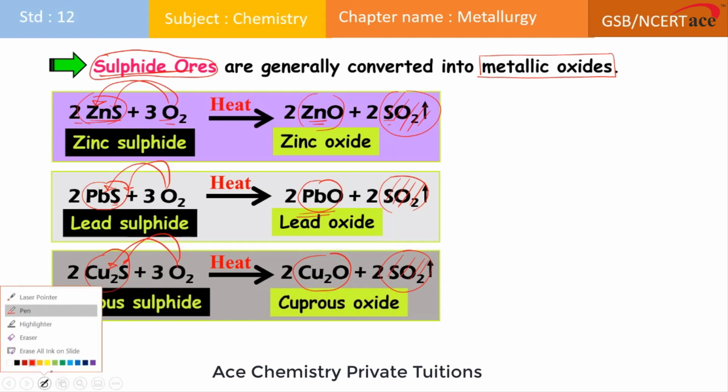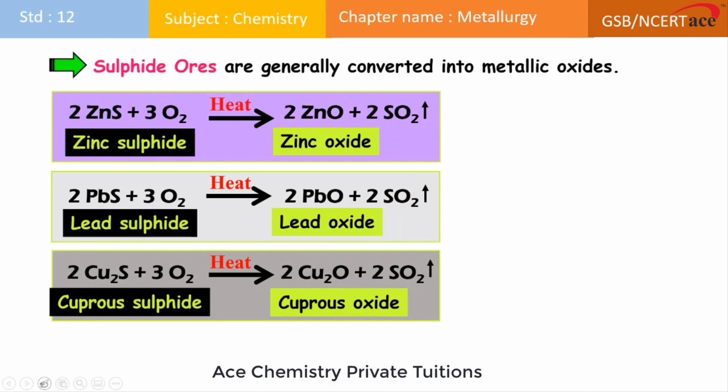So in general, whenever we are doing roasting, metal sulphide is taken under roasting, and this metal sulphide gets converted to metal oxide. If it contains any volatile impurities, they can be removed by forming a gaseous product such as sulphur dioxide.